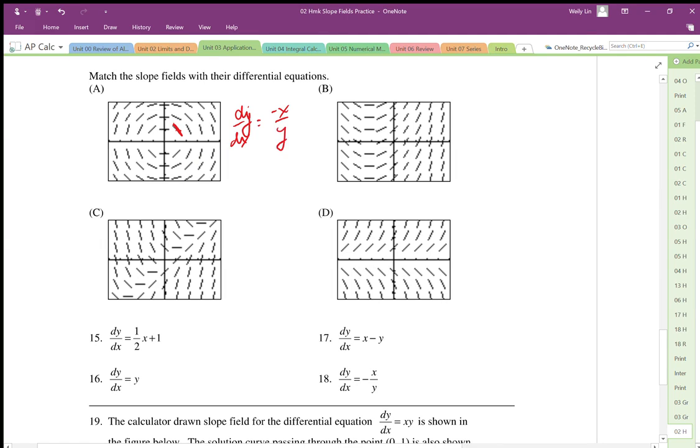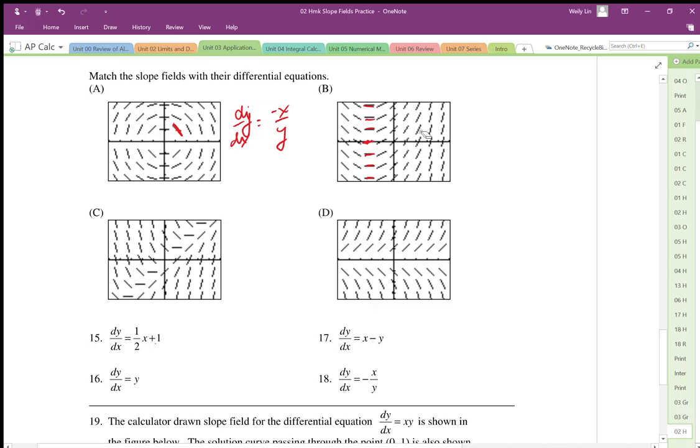For b, this looks like a parabola, and I can kind of guess that this is probably going to be 15. But I can double check again. I can check a point at x equals negative 2, the slope will be 0. Yeah, negative 2, slope is 0. That seems to be correct. And it's independent of the y, so all these negative 2 coordinates give me slopes of 0.